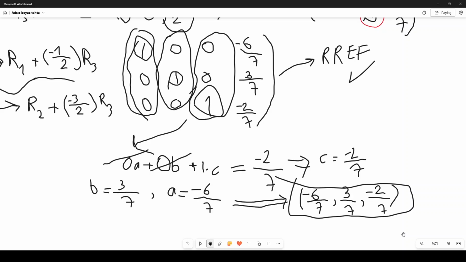In other words, there may be no tuple that satisfies all the equations at the same time, the empty set case. And the third option is that there can also be infinitely many solutions, meaning that if the system is satisfied by an infinite number of tuples, then we have the infinite solution case.